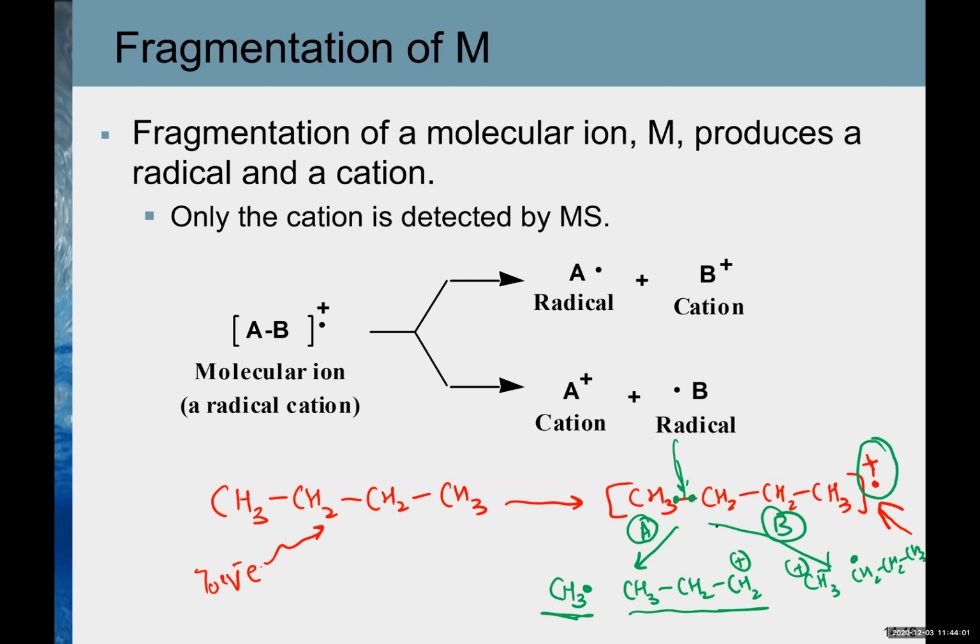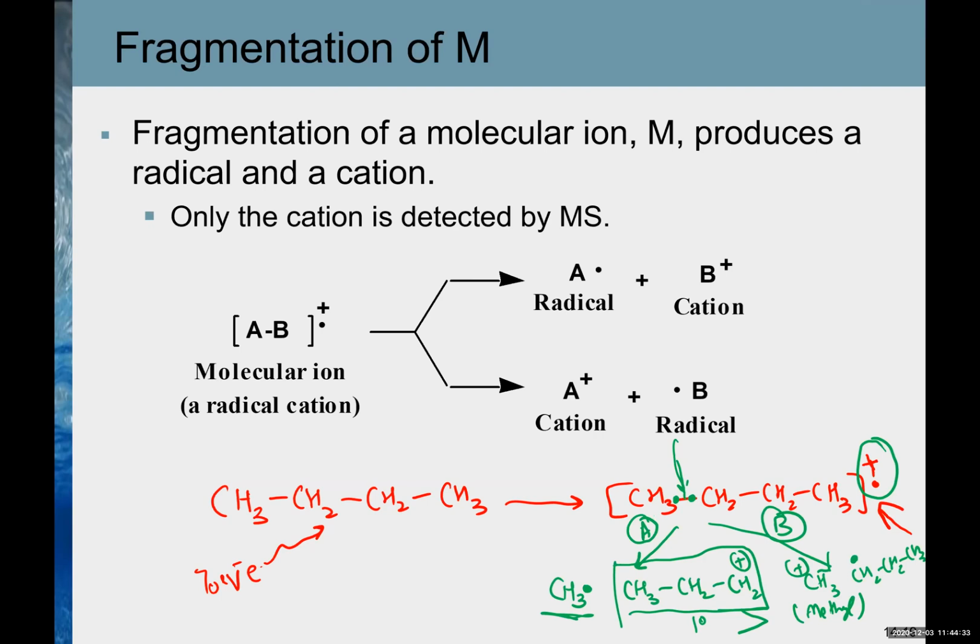So the correct answer indeed is A, because A is a primary carbocation and this one is methyl, right? And we know primary is more stable than methyl, so hence A will be preferred. Does that make sense? Is it getting easier? Slightly, at least.